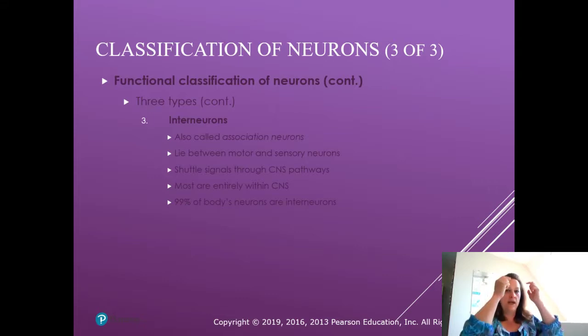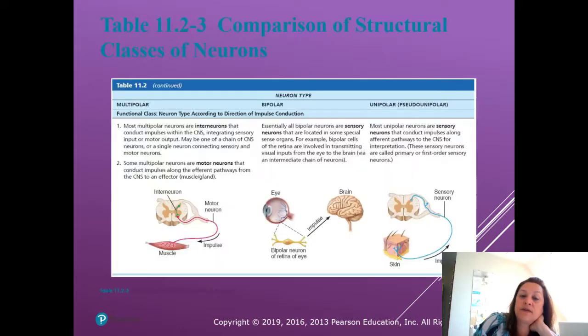They're kind of an integration in the brain or in the spinal cord. So we'd have a purely sensory neuron, then these little interneurons that shuttle things around the brain, then purely motor. So it's sensory, interneurons, purely motor. Most are within the central nervous system, and most of them are interneurons.